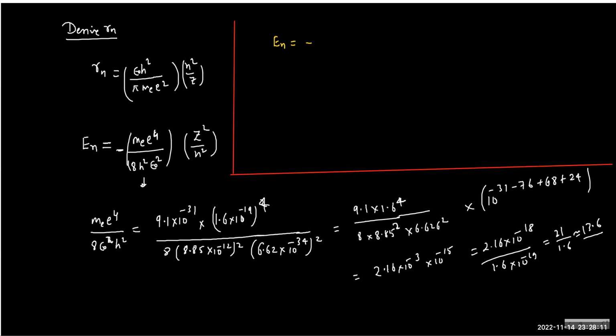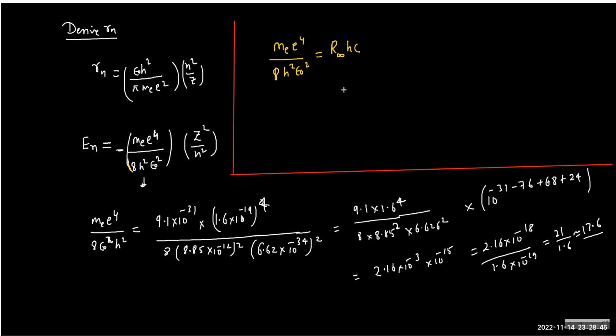Okay, let me write down something interesting here. This entire term, me^4 below 8 h square, is called RHC.